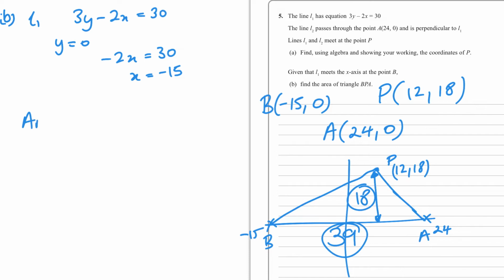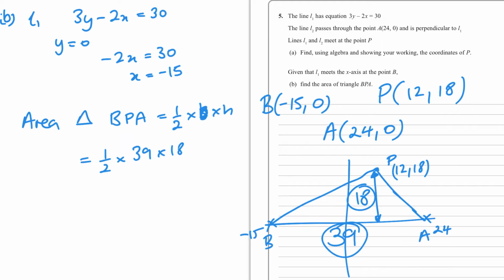That means the area of my triangle BPA is going to be equal to a half times base times height. So it's going to be a half times my 39 times my 18, or 39 times 18 divided by 2. And this is going to give me 351 units squared. And there we have our area.